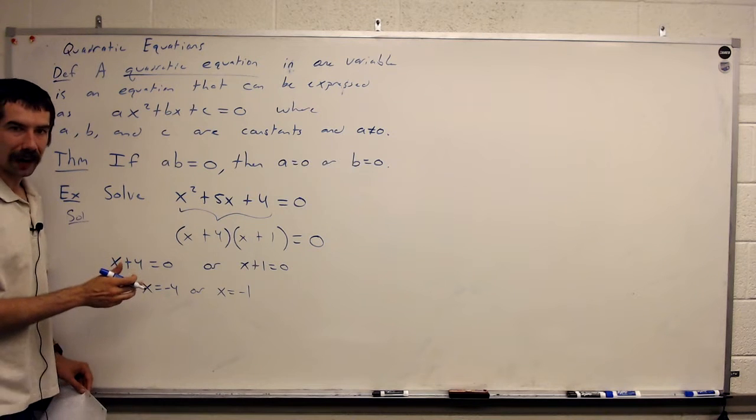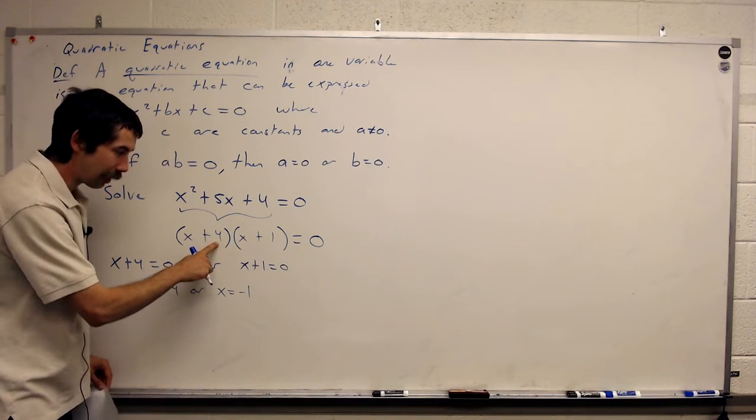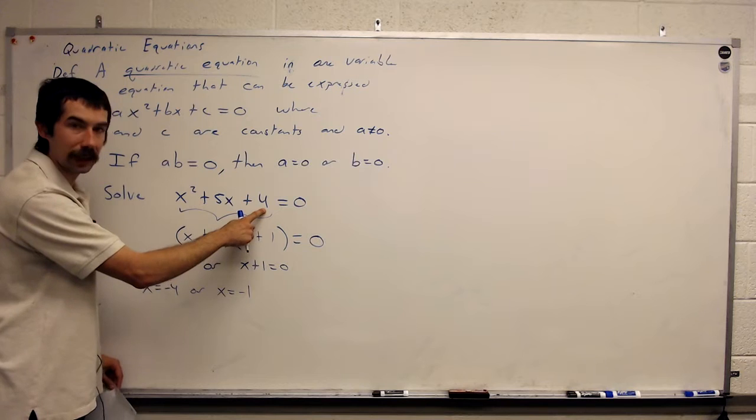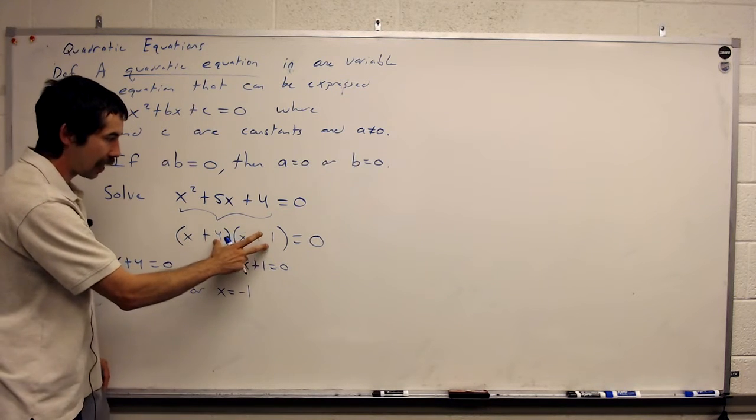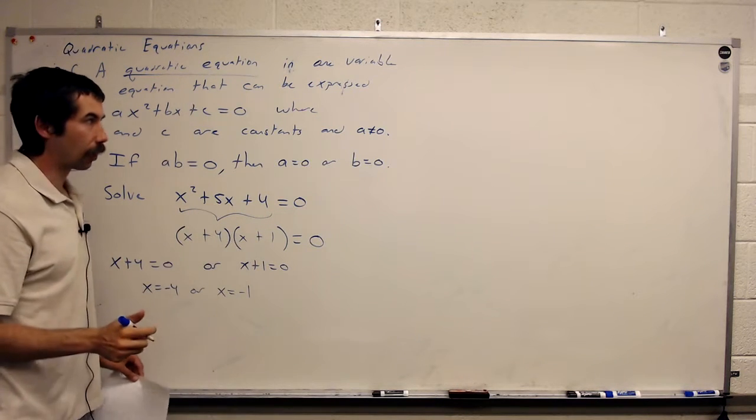Factoring takes a little bit of practice, but basically you need to find two numbers that multiply together to give you c, that add together to give you b. All right, let's look at one more.